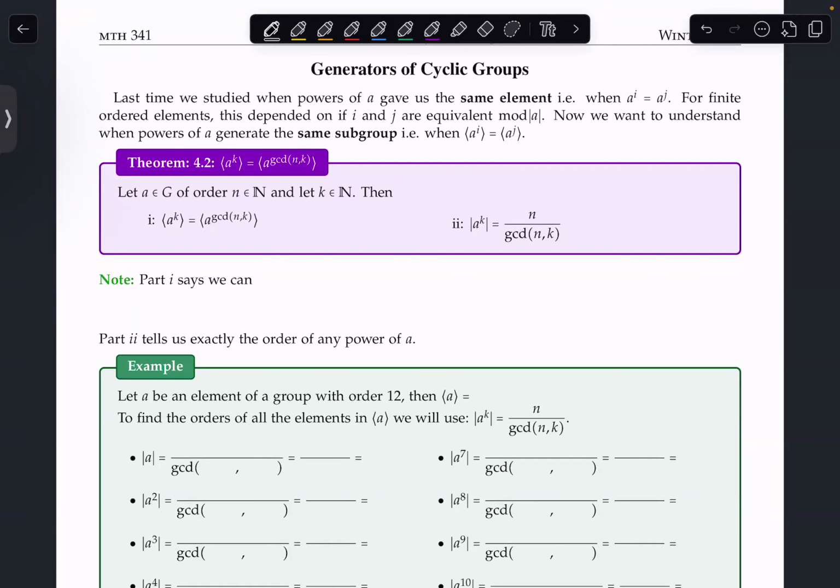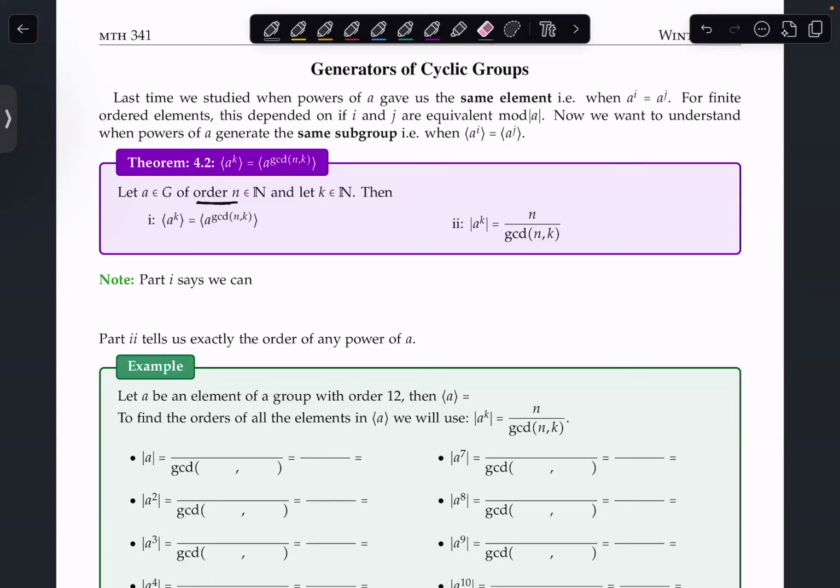Okay, so for our theorem here, we're taking an element A from a group G. And I said the order of n, but I have to be careful. Am I talking about the order of A, or am I talking about the order of G?